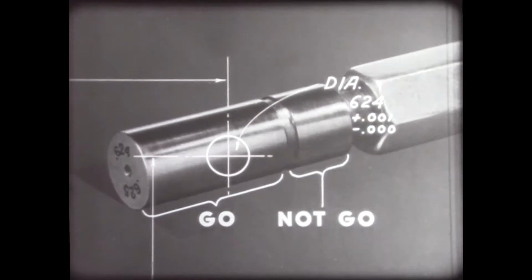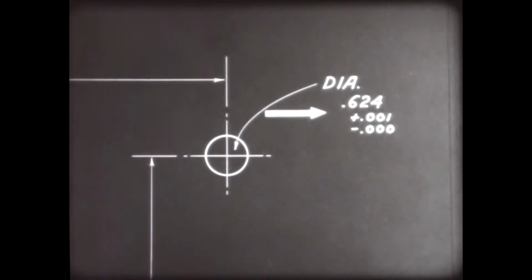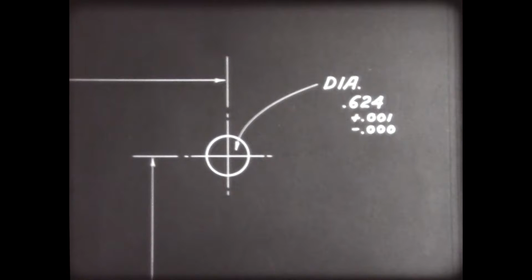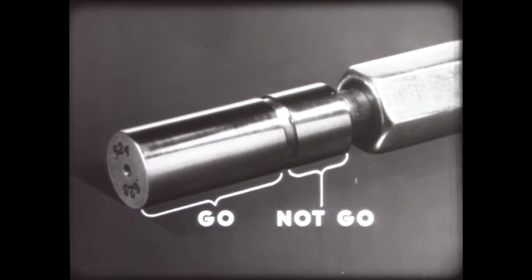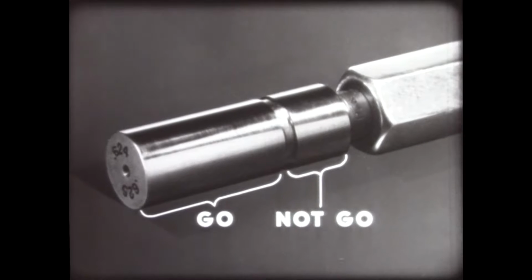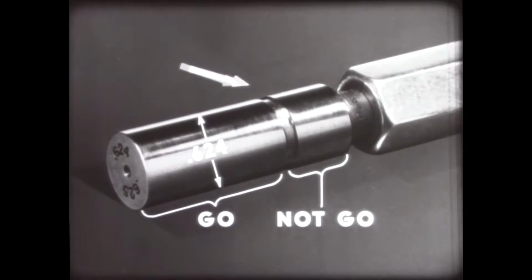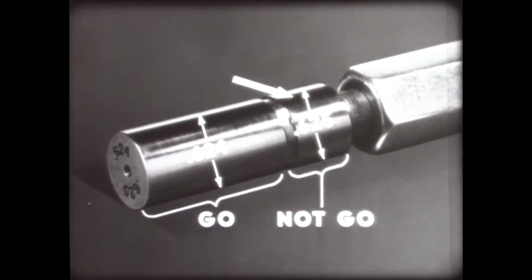On a blueprint, we see the dimensions of a hole as 0.624 plus 0.001 and minus 0. To gauge this hole in the finished work requires a go, not go plug gauge, which will have one gauging member with a diameter of 0.624 and one gauging member of 0.625, a difference between them of 0.001, the tolerance allowed.